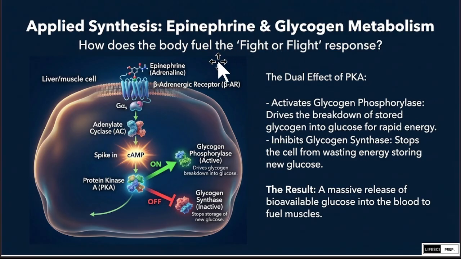The epinephrine, or adrenaline, binds to the GPCR, where G alpha S activates. It is active, then stimulates the adenyl cyclase, cAMP, protein kinase A. And this protein kinase A acts on on and off situations, where in the on situation it activates the glycogen phosphorylase, and in the off situation glycogen synthesis is inactivated.